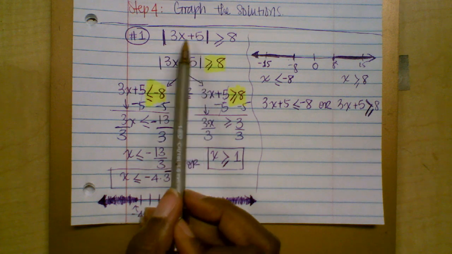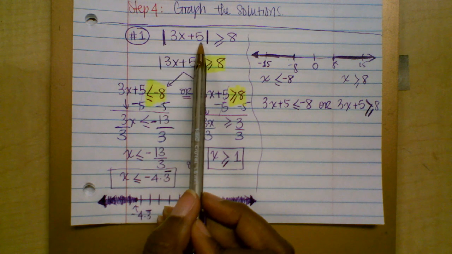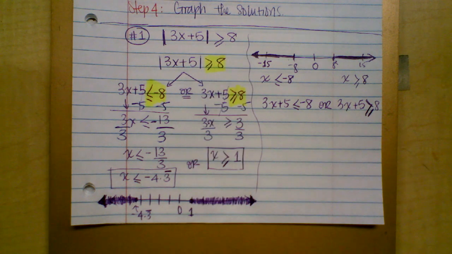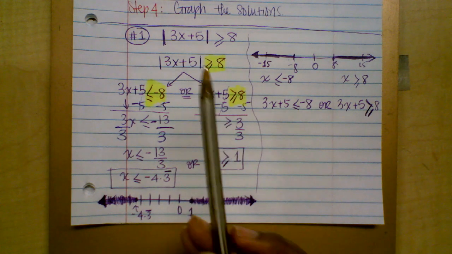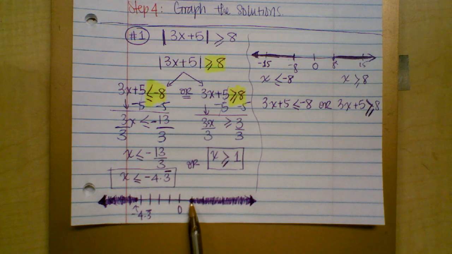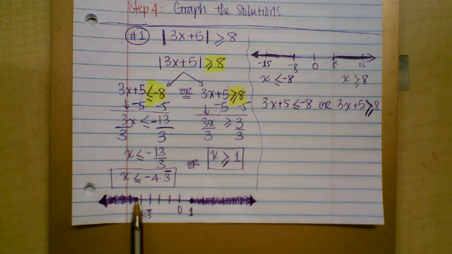The absolute value of 5 is positive 5. Is 5 greater than or equal to 8? No, it's not. So the numbers that make this inequality true are 1 and all the numbers on the right side of 1, and negative 13 over 3 and all the numbers on the left side of negative 13 over 3.